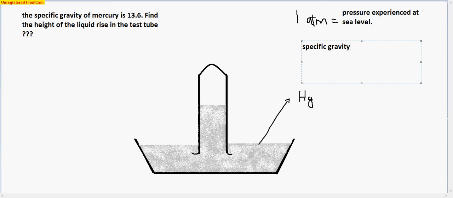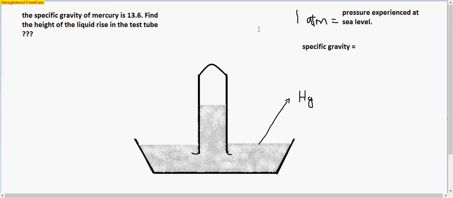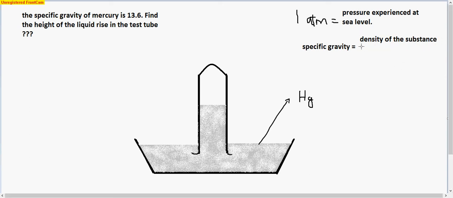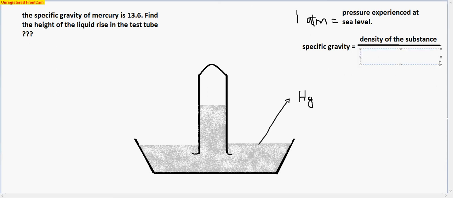Specific gravity, let us say it's a formula, is the density of the substance of which the specific gravity we want, divided by the density of water, right?